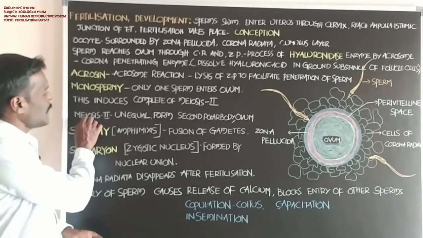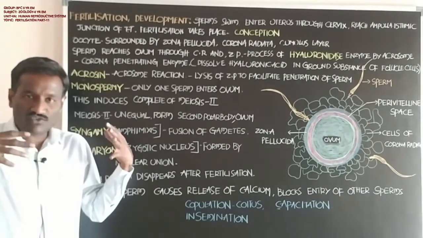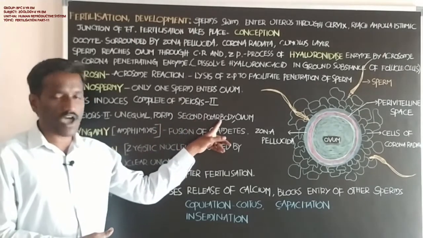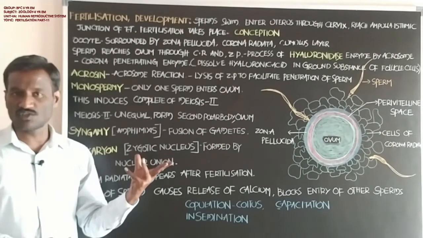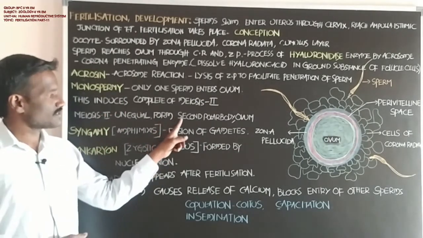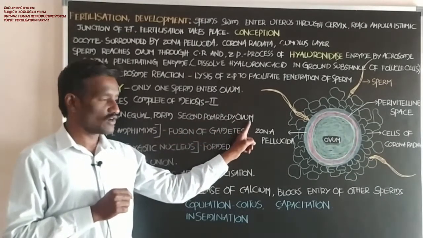Meiosis II is unequal, and forms the second polar body and the ovum. When meiosis II is completed, two cells are formed: the second polar body, and the ovum.